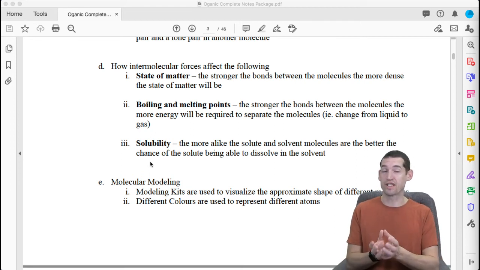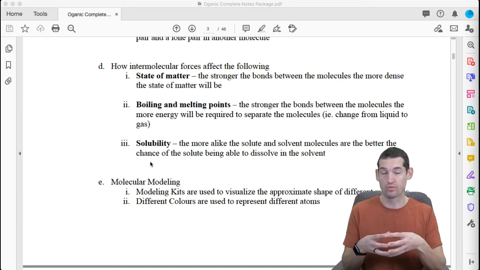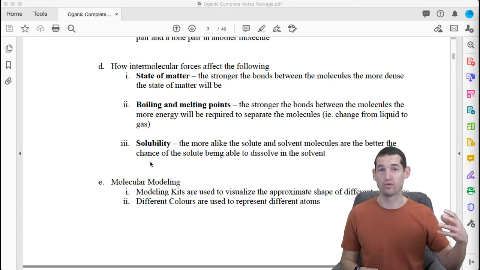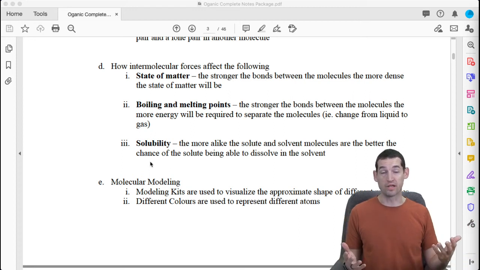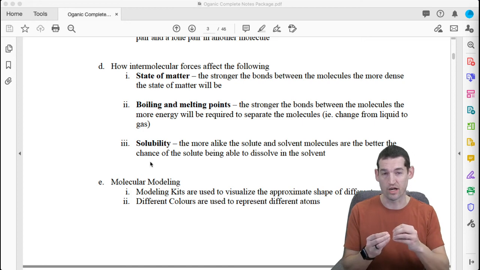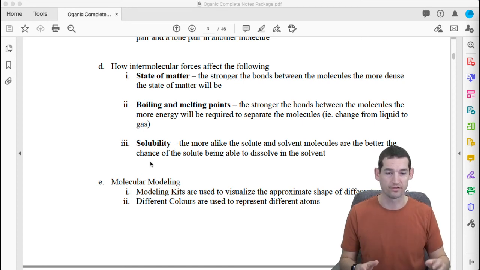It would rather stay at a liquid state because those bonds are so strong. If you look at methane, for example, it doesn't have those stronger dipole-dipole and hydrogen bonds. So at room temperature, it's a gas. The molecules spread out more because the attractions between the molecules aren't strong enough.